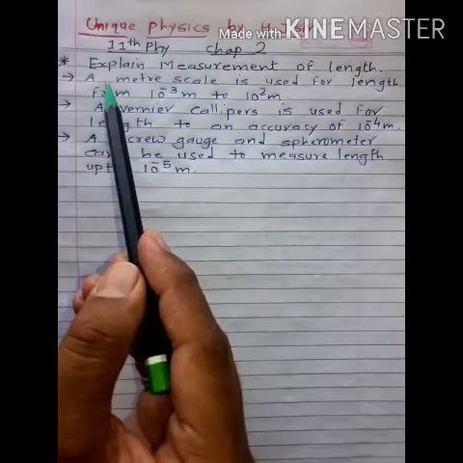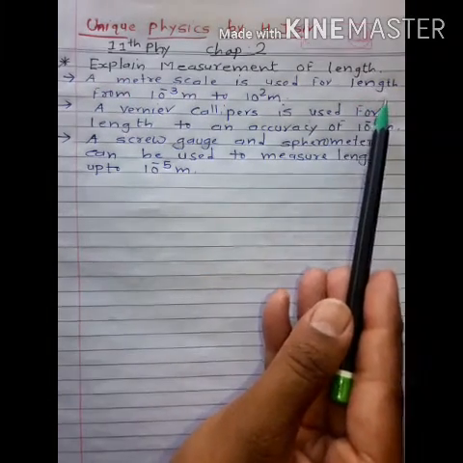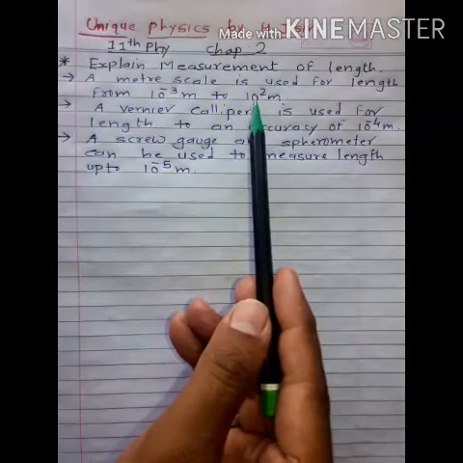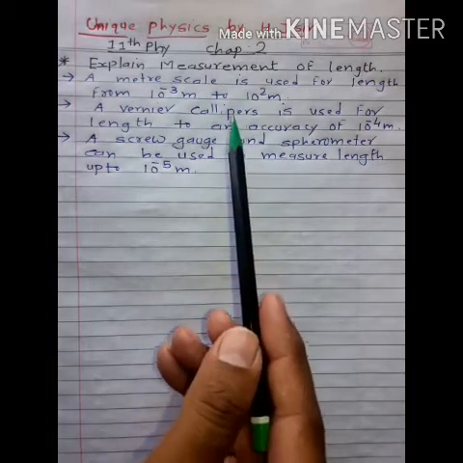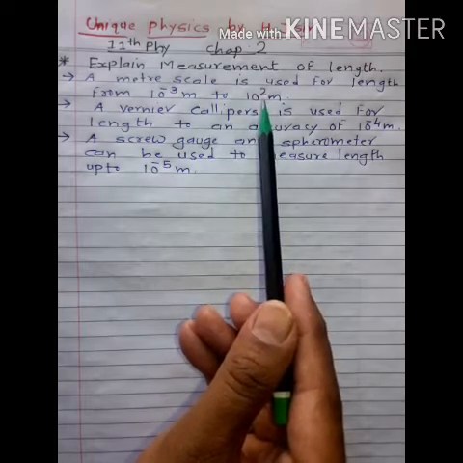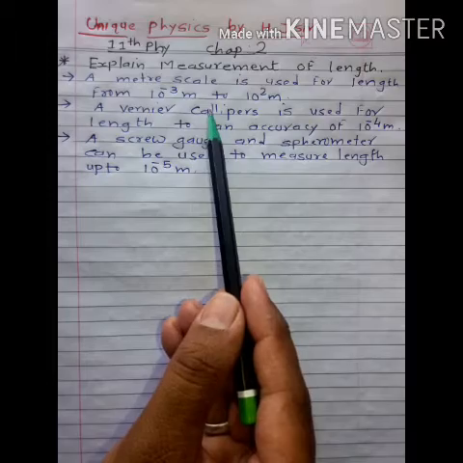First point, a meter scale is used for measurement of length from 10 raised to minus 3 meter to 10 to the power 2 meter. Normally we use meter scale for measurement of this length. Next point, a vernier calipers.